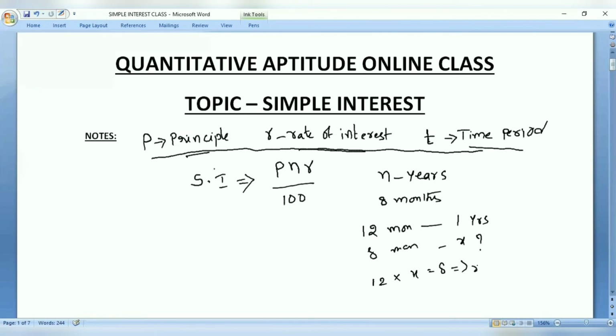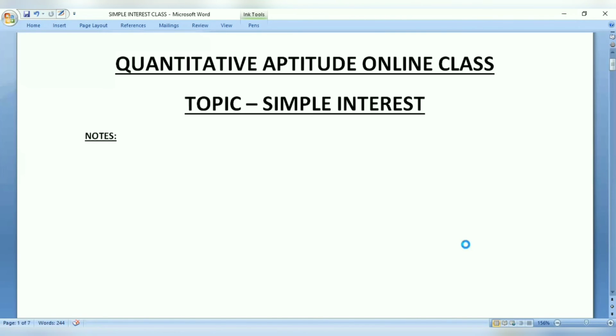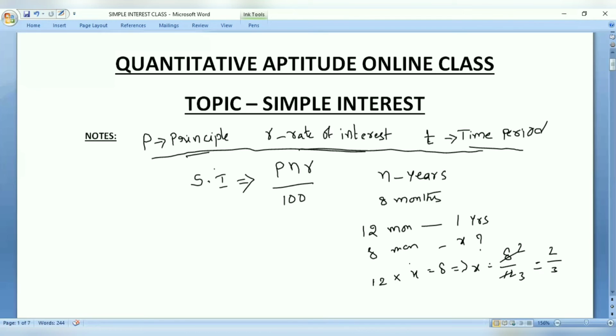That means x is equal to 8 by 12. 4 2s are 4 3s are 12. So 2 by 3 years. This is the answer. If months are given, you need to convert them into years. You can use this kind of technique.